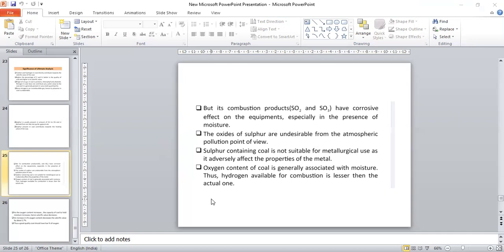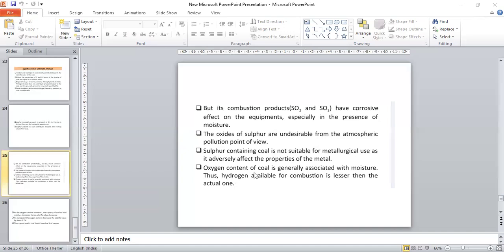That means it has low cooking power. An increase in 1% of oxygen decreases calorific value by 1.7%. Hence, a good quality coal should contain a low percentage of oxygen.